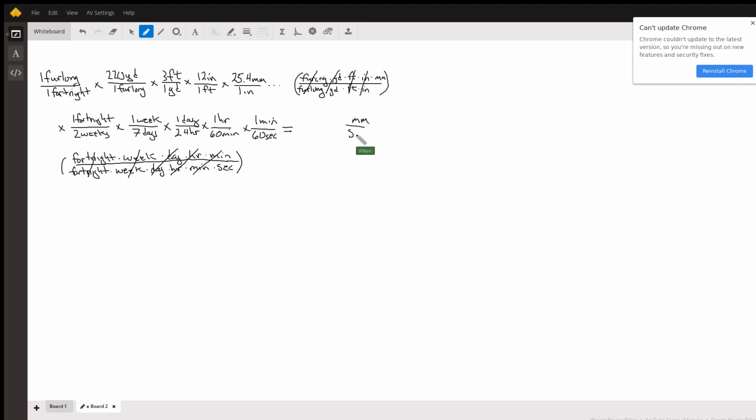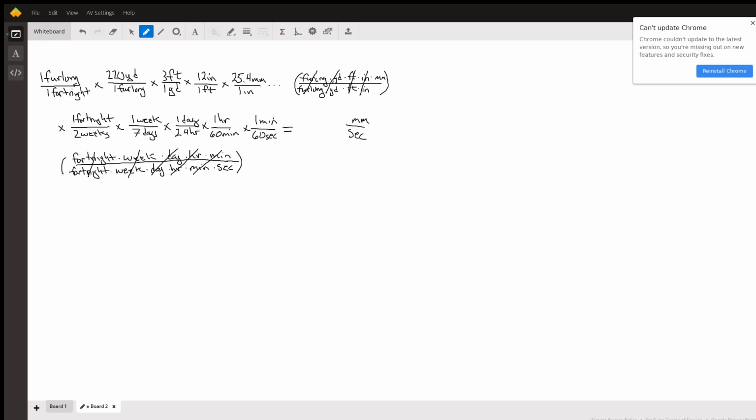And then I just need to do the numbers math, which is multiplying all the numerators and then dividing by the product of all the denominators. So that's going to be 220 times 3 times 12 times 25.4, and the rest of the numerators are all 1.